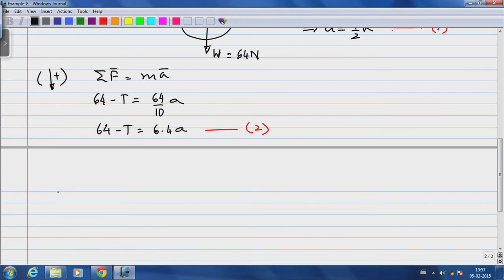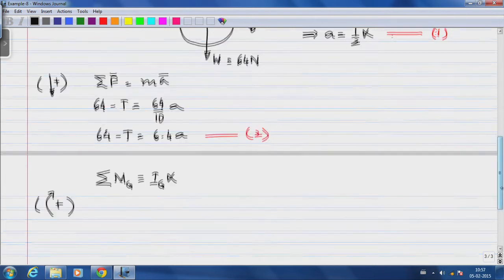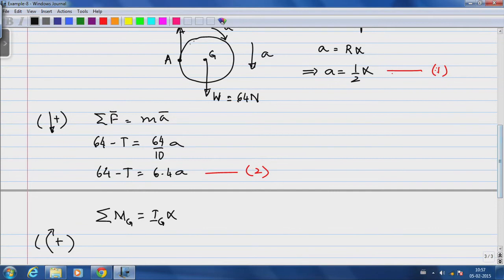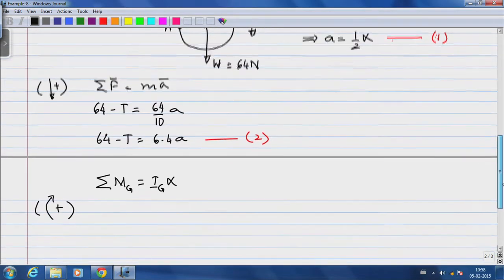and the third equation comes from applying Euler's second law about the center of mass. The moments of all the forces in the system taken about the mass center is equal to the moment of inertia of the body times the angular acceleration.